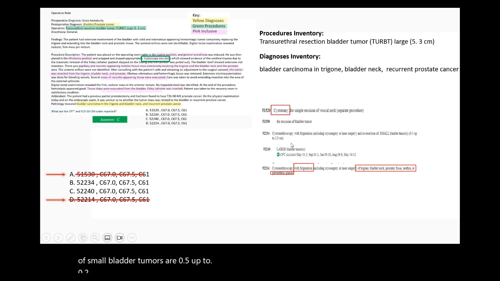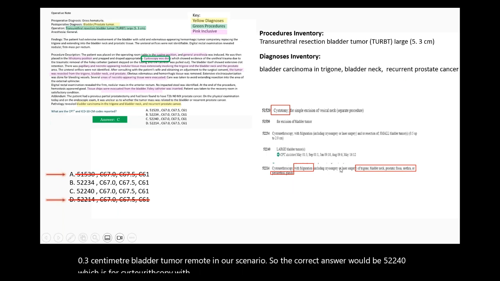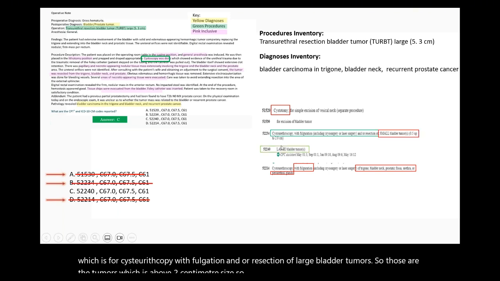And we had a 5.3 centimeter bladder tumor removed in our scenario. So the correct answer would be 52240, which is for cystourethroscopy with fulguration and/or resection of large bladder tumors, those tumors which are above 2 centimeter in size. So option C is the correct answer.